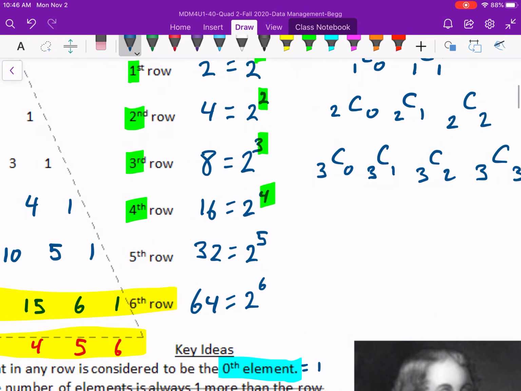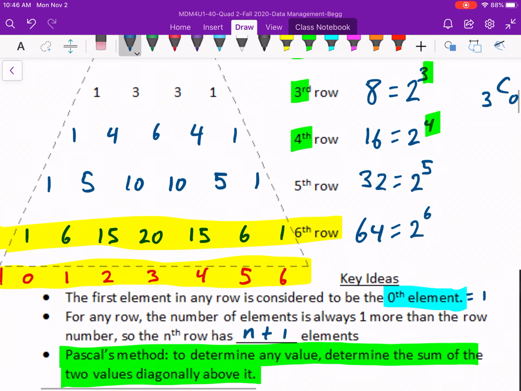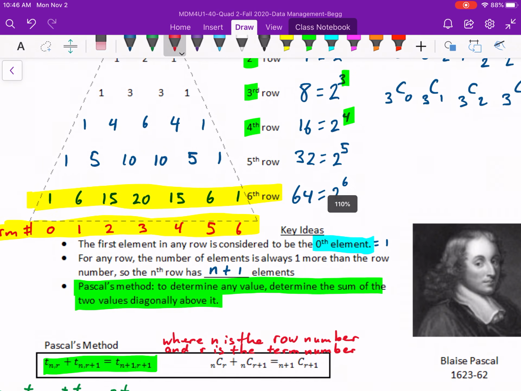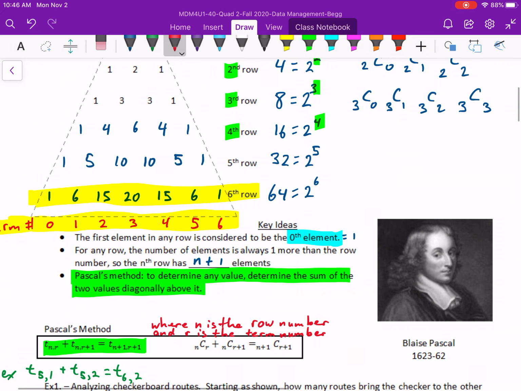So if I wanted to do the 6th row, let's do the first few elements of the 6th row, just to confirm. Let's do the first 4 elements of the 6th row: 6 choose 0, 6 choose 1, 6 choose 2, and 6 choose 3.